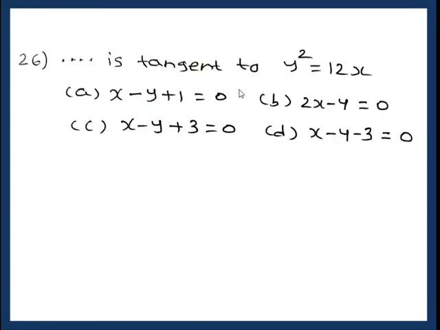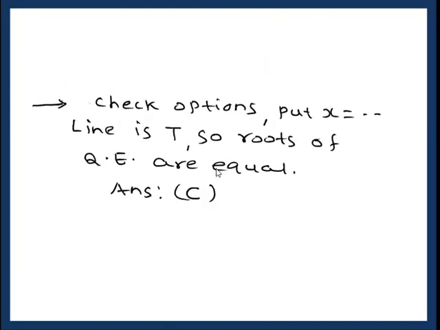I'll again explain. For this line to be a tangent, the quadratic equation on putting x equal to y minus 1 in this equation will have equal roots, right? So check all the options. In fact, you need not check option D, because in option C you will notice that roots are equal because the discriminant is 0. So the correct option is C.